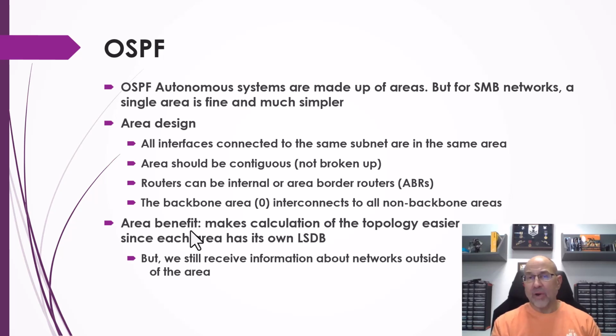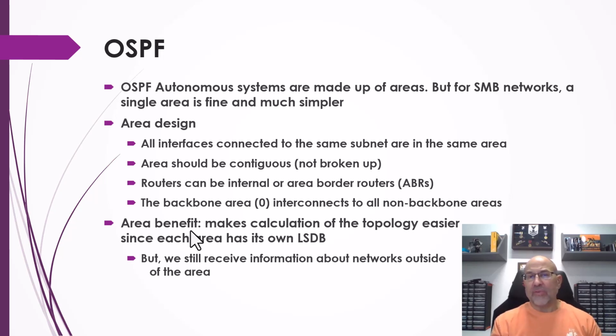That would make them an area border router. There is a special area called the backbone area. It's always area 0, or 0.0.0.0, because a lot of times we use an IP-based schema. They're not IP addresses, they're area IDs, but we use that schema, so you'll see it both ways.